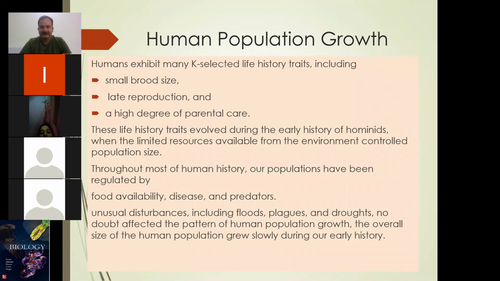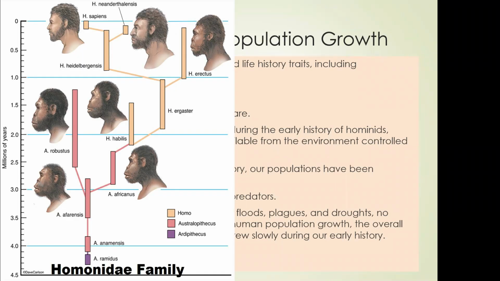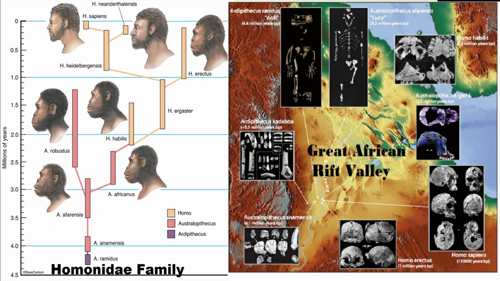K-selected life history evolved in the case of early hominids. In the African Rift Valley, on the eastern side, the evolution of man started. That is another topic which we will discuss later in other lectures.